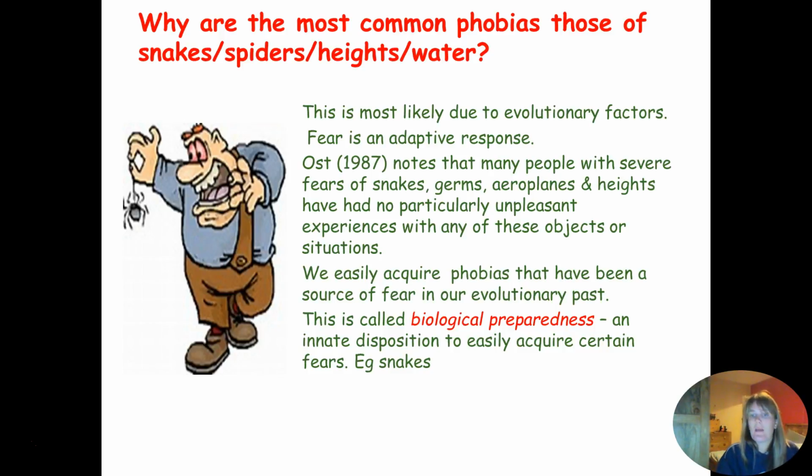And Ost notes that most people are afraid of snakes, germs, aeroplanes, heights. They've had no particular unpleasant experience with any of these situations. He said that this is something we call biological preparedness. It's an innate disposition to easily acquire certain fears of things that we should be afraid of.